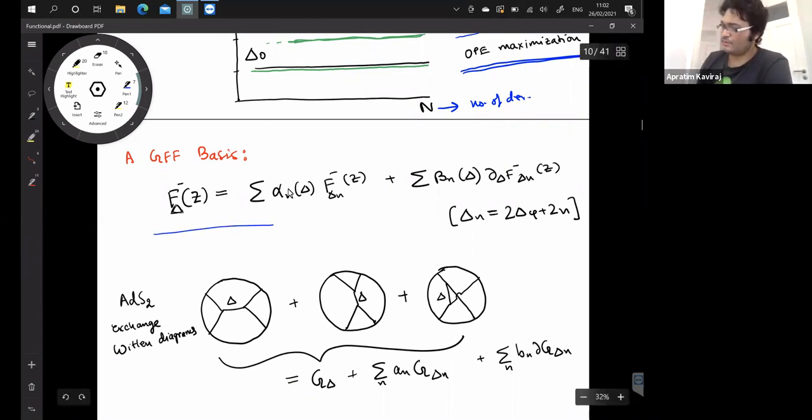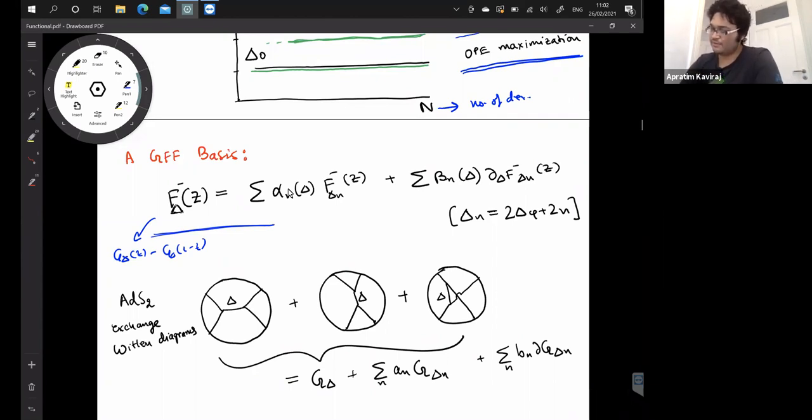I claim that there exists a basis for the bootstrap vectors as the following: any bootstrap vector f minus, which, let me remind you, is like g delta of z minus g delta of 1 minus z, can be expanded in a basis of f minus of double trace operators, double field operators, and I denote them as delta n. By the way, this is another notation that I just introduced. There will be many notations, so please stop me if you're confused about something.